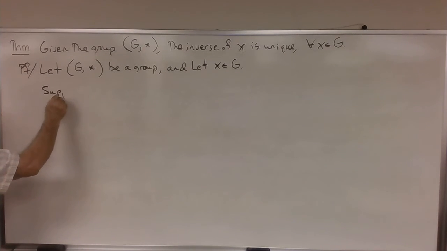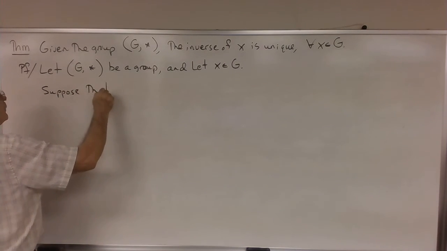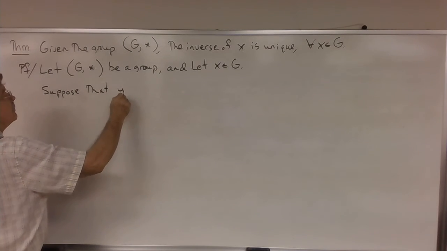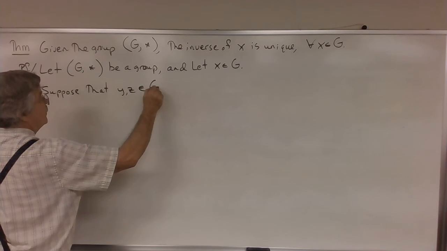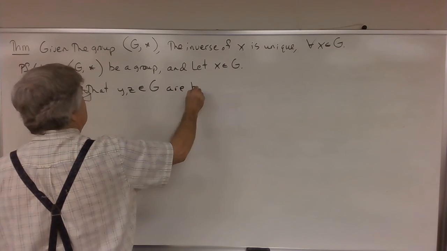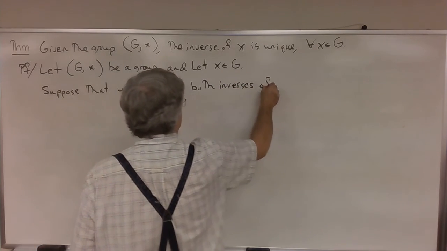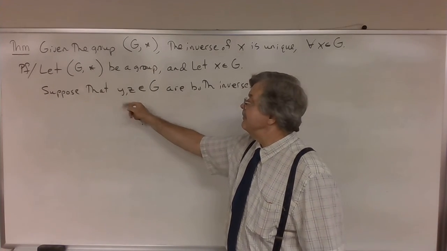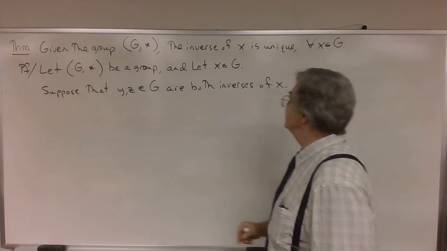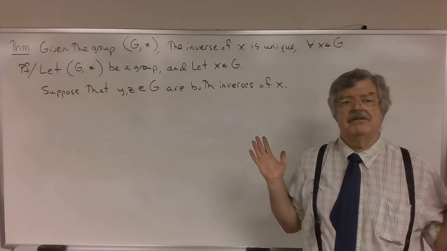We suppose that X has two inverses, and we'll call them Y and Z. We're saying that Y is an inverse of X, and we're saying that Z is an inverse of X. But we're not necessarily saying that they're distinct.